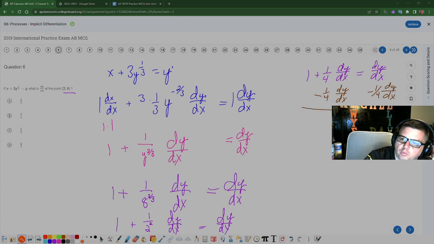We do that, we're left with 1, and we're left with 3/4 of a dy dx left. Because if we take 1 whole and subtract a 1/4, we still have 3/4 left. And then we're going to multiply it by 4 over 3 so that we can move it to the other side. And we get 4 over 3 equals dy dx.